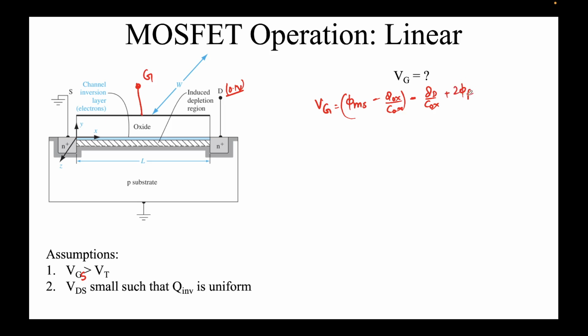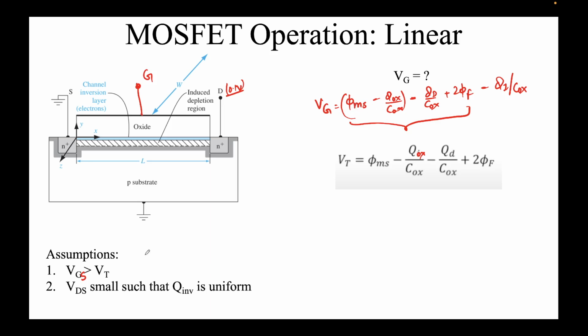This is due to the inversion, and then finally minus Qi over C ox. This is the extra conversion. You will be able to notice that this is nothing but your Vt, right?